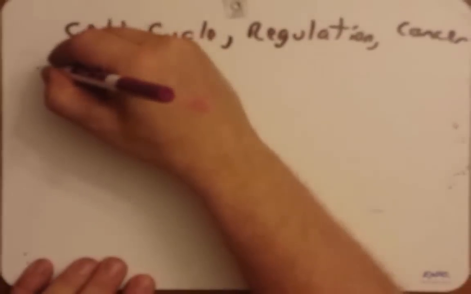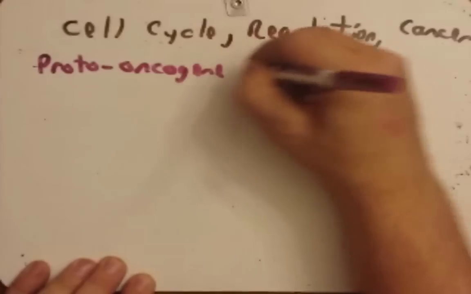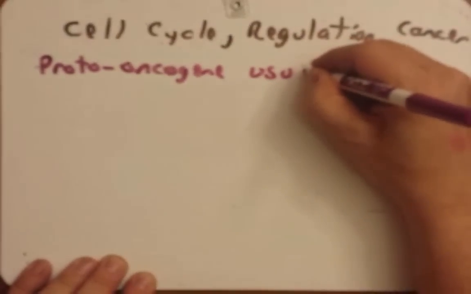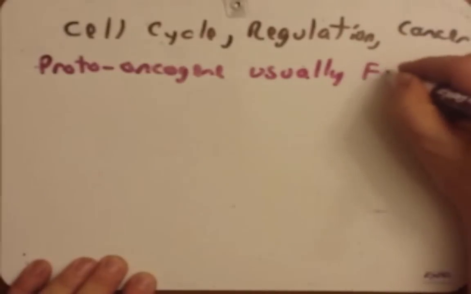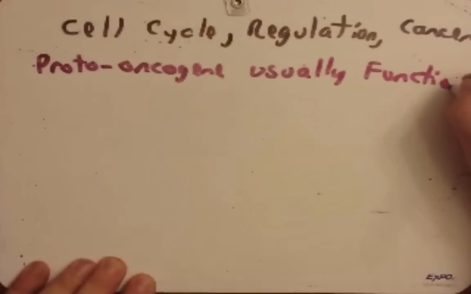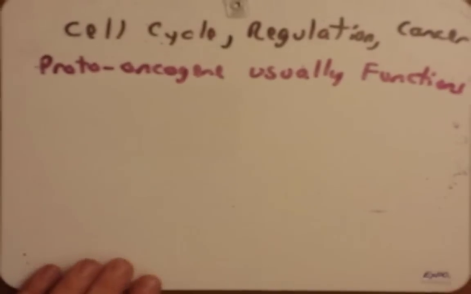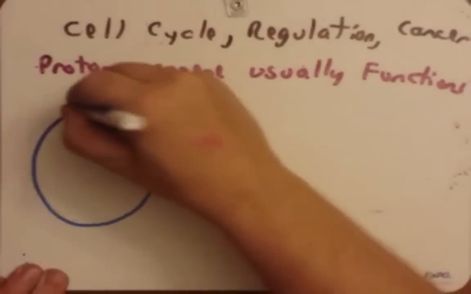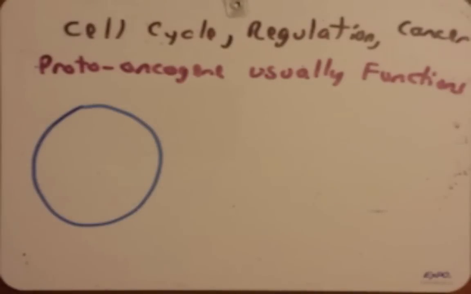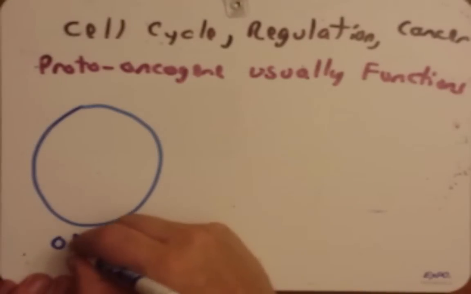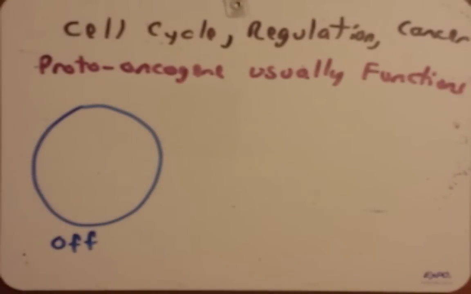So I want to talk about a situation where the proto-oncogene usually functions in controlling the cell cycle. Let's draw a cell here. For whatever reason, the cell cycle right now is off. Maybe there's a mutation, maybe it's just not time to grow.